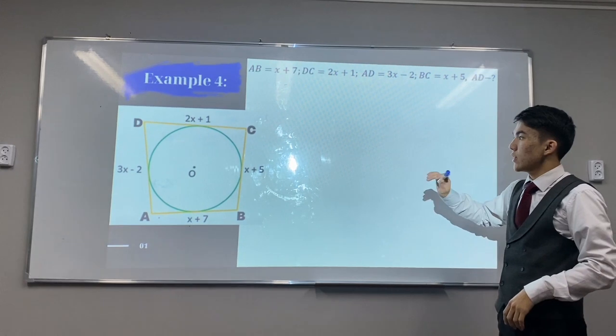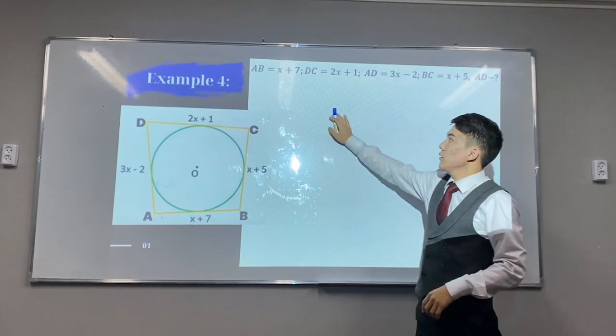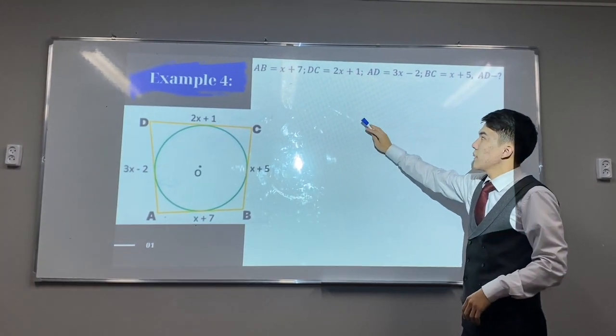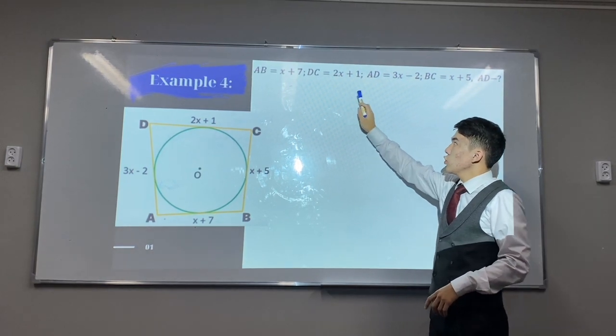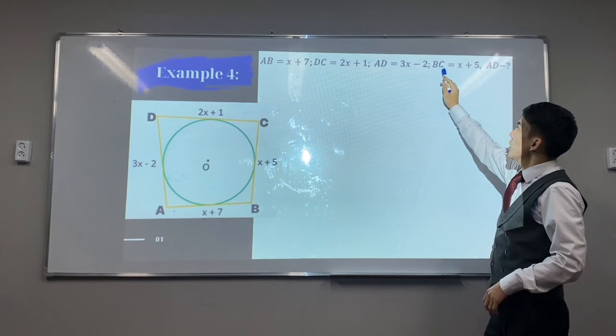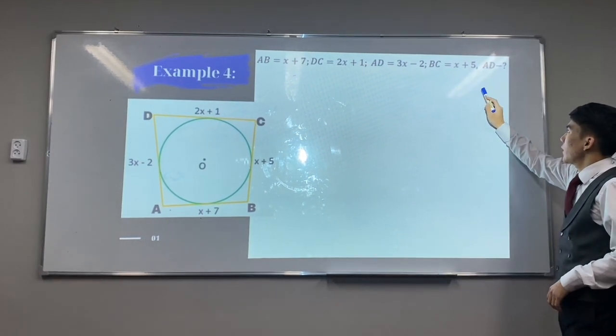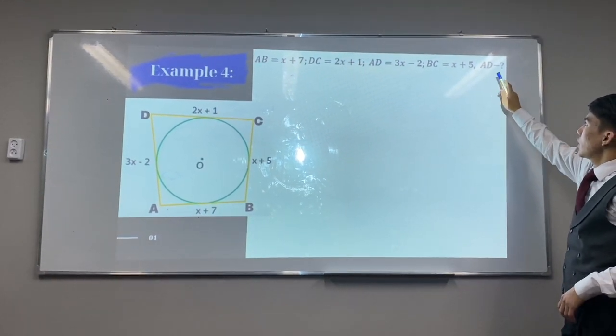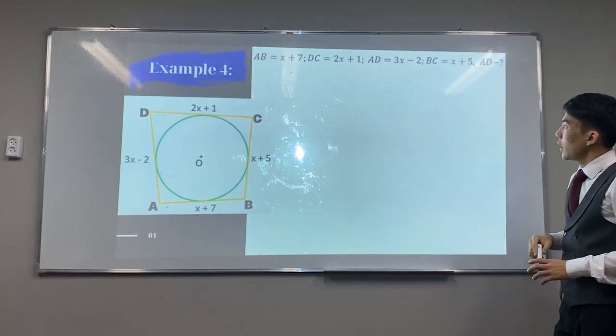For the next example, given AB equals x plus 7, DC equals 2x plus 1, AD equals 3x minus 2, and BC equals x plus 5, we have to find the length of AD.